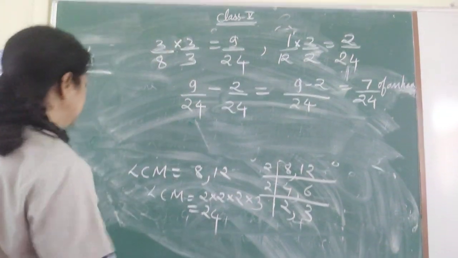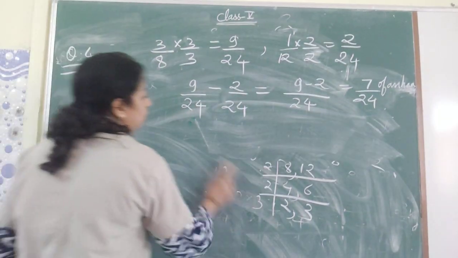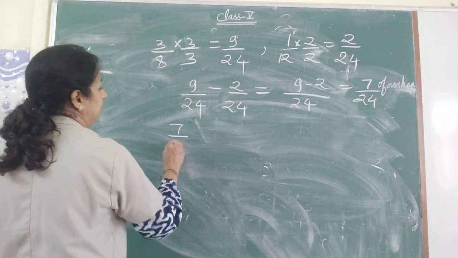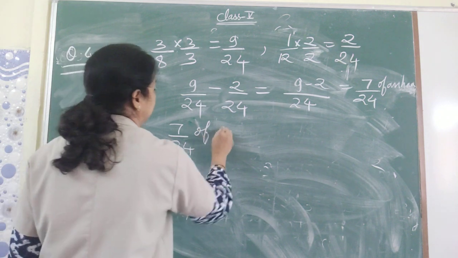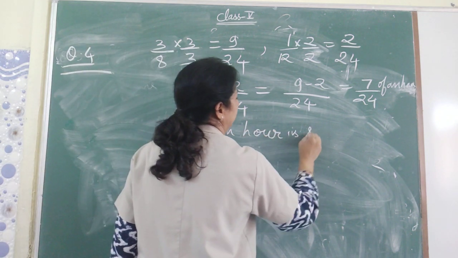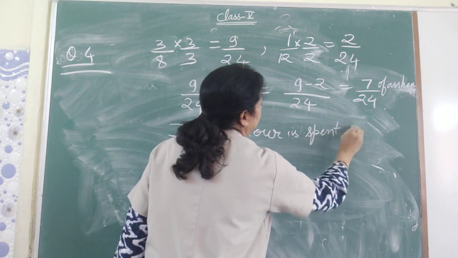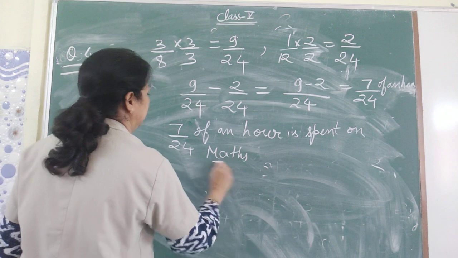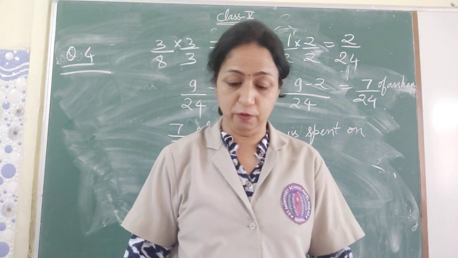I hope you understood, children. So time spent on mathematics alone is 7 by 24 of an hour. Okay, children? So this is question number 4.